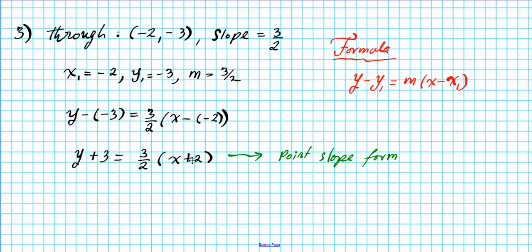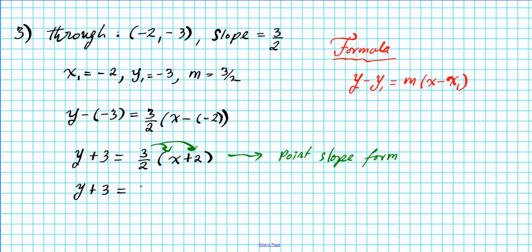Okay? But the question asked us to write the equation in slope-intercept form, all right? In order to accomplish this, we just have to get y by itself, okay? So let's go ahead and do that. Y plus 3, first thing we're going to do is distribute this 3 over 2 across these two terms in the parentheses.